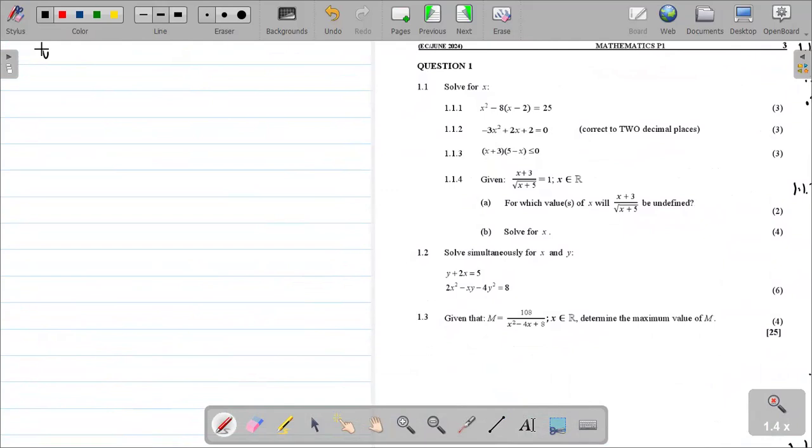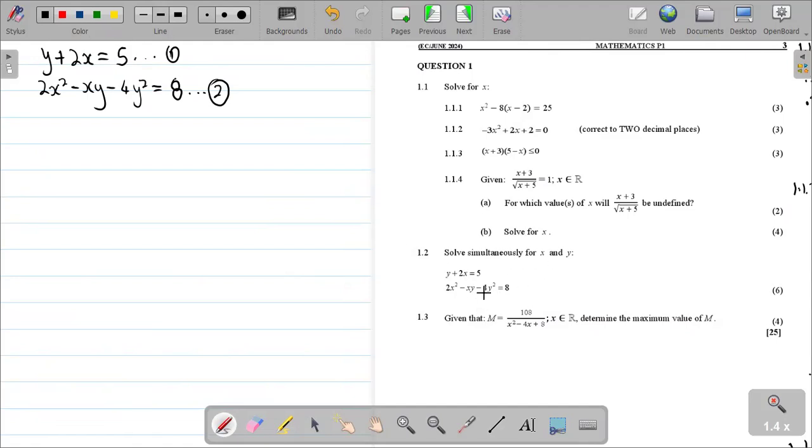We have y + 2x equals 5, and 2x squared minus xy minus 4y squared equals 8. So we can say this is equation 1 and this is equation 2. And then we can create equation 3 from here.